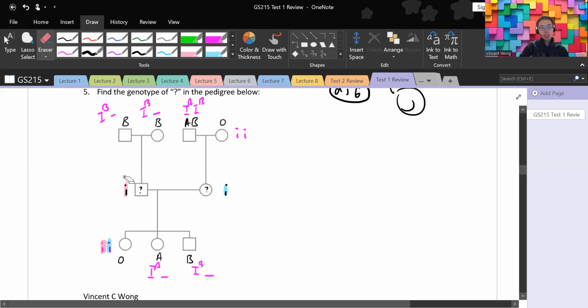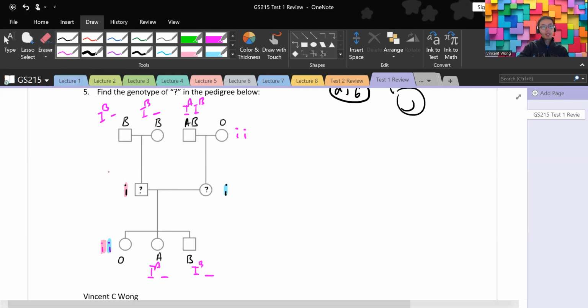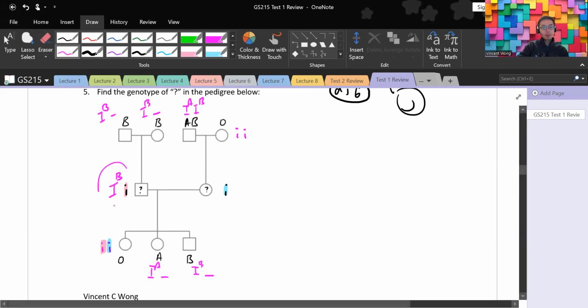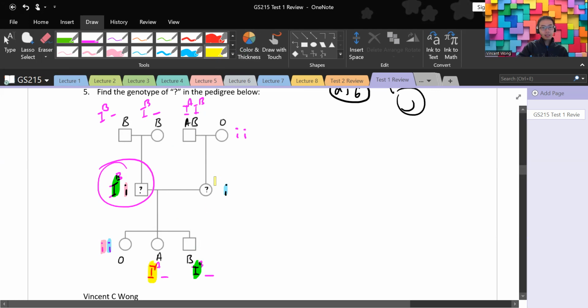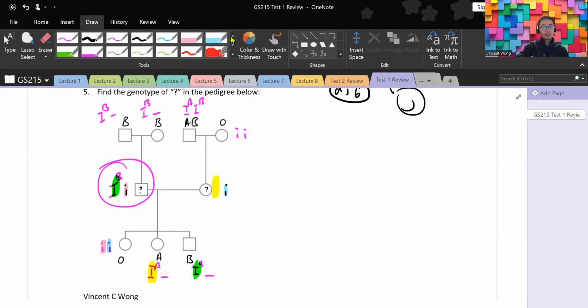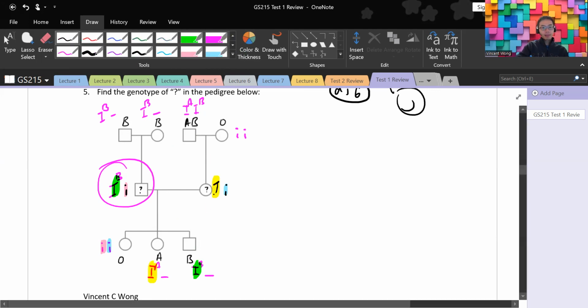So it's impossible for their son to be type A. For that reason, this must be a type B person. So this B came from this parent. And on the other hand, running out of colors here, the A must have come from here. So that's going to be your IA. Okay, so the answer is B and A.